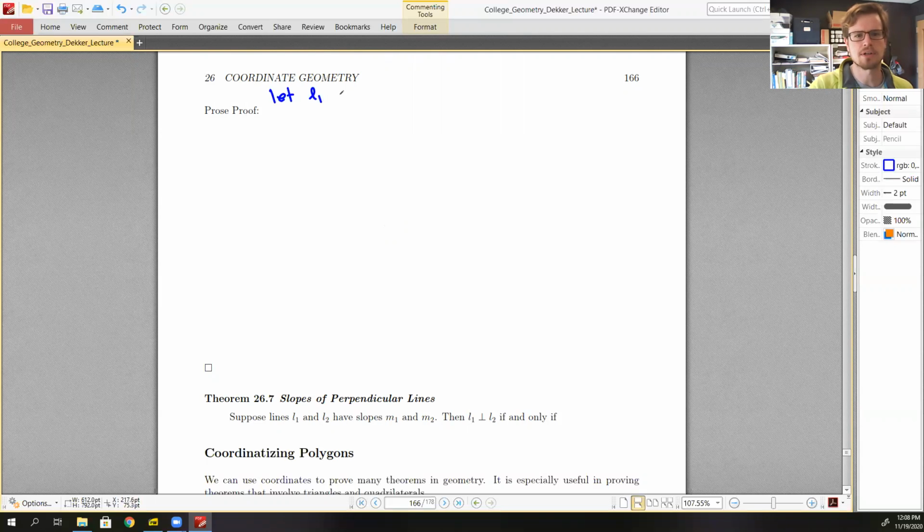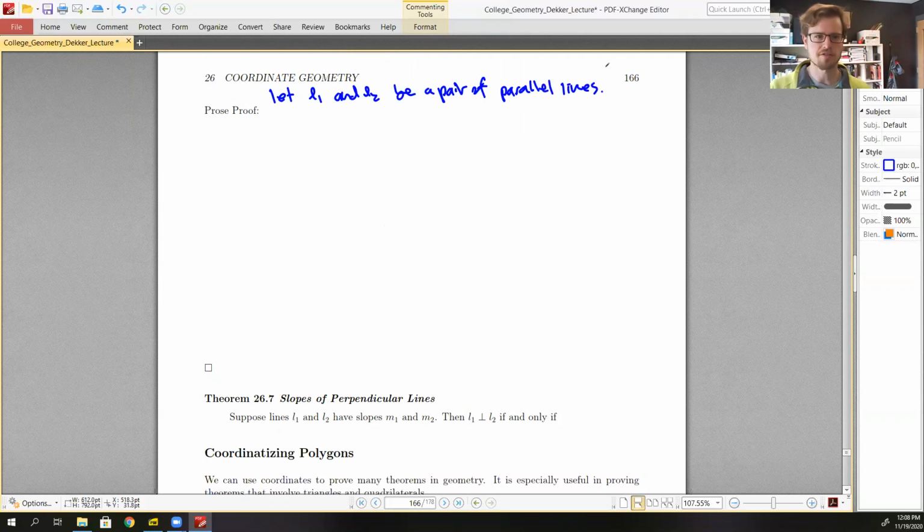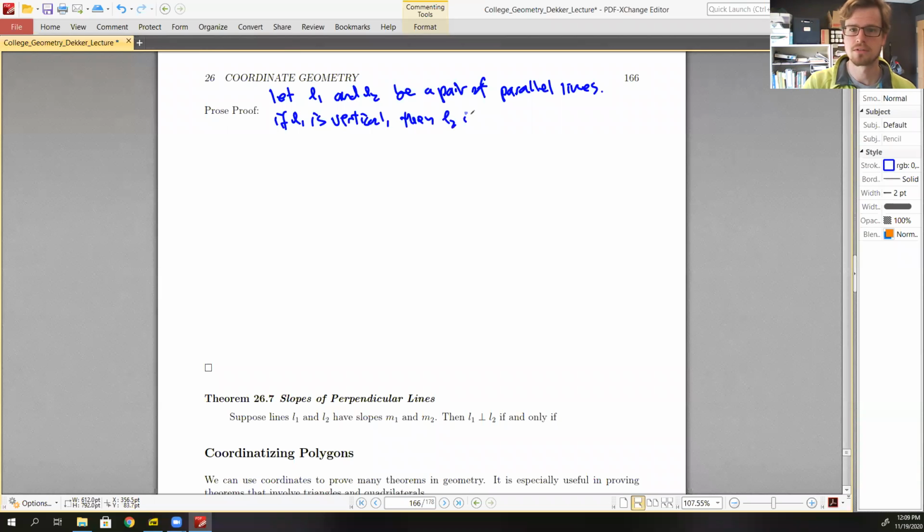And let's let L1 and L2 be a pair of parallel lines. So we have a pair of parallel lines. If one of them is vertical, then the other is also vertical. And in particular, both of them have no slope, or undefined slope.